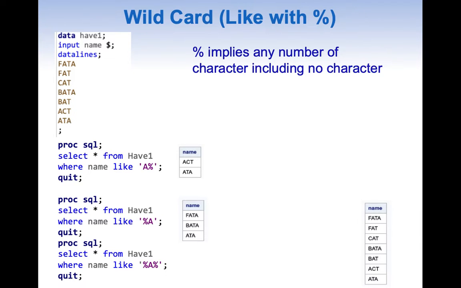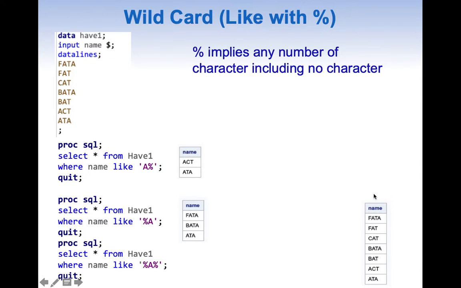records. Now if we have percent in the front and A at the end, it will give all the records which have A at the end and it can have anything in front of A. And if we want anything in front of A or anything after A, we need to give percent A percent.